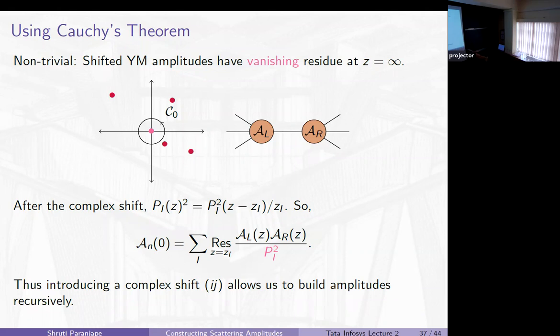Now, of course, the non-trivial part is that in Yang-Mills the residue vanishes at z equals infinity. But I already showed you yesterday how amplitudes scale in Yang-Mills, and it's very easy to show that the residues vanish at z equals infinity. Is this the same as the Regge scaling property? It is the same as it being renormalizable.